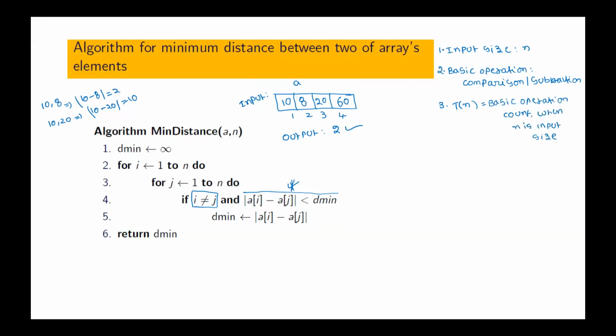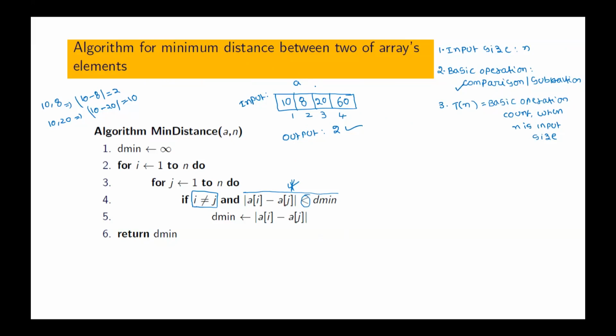Now, what is the next thing that we need to decide? Whether the number of times this operation is performed, let us say I'm talking about the comparison operation, depends only on the number of elements in the array, or also on the actual elements in the array. That's what we need to decide.